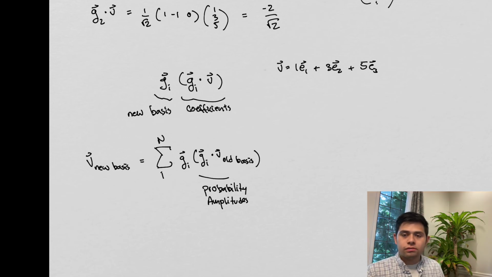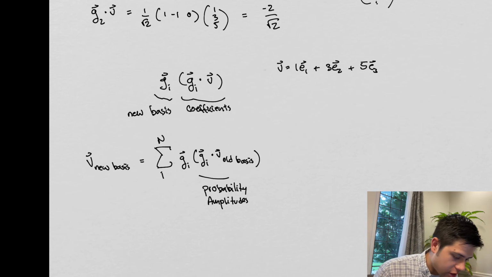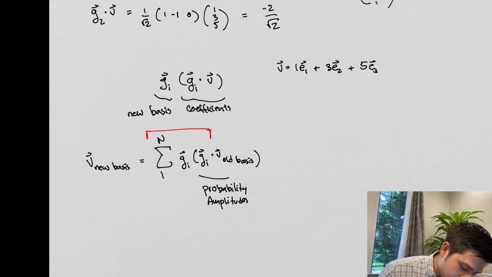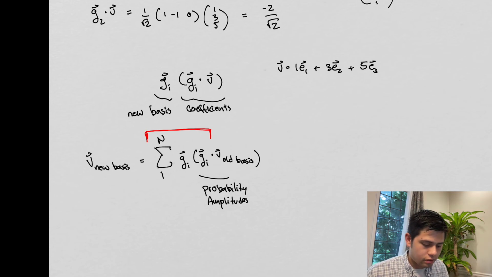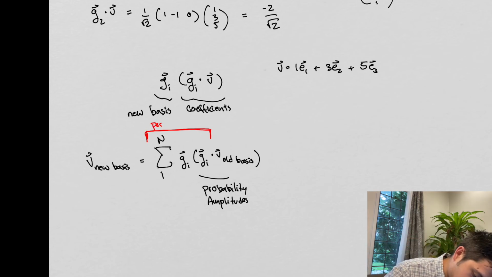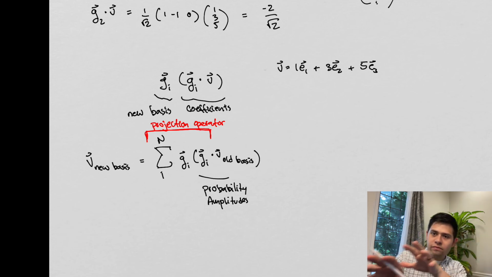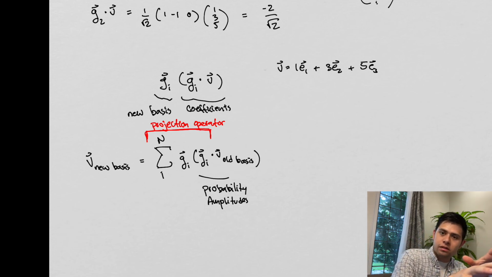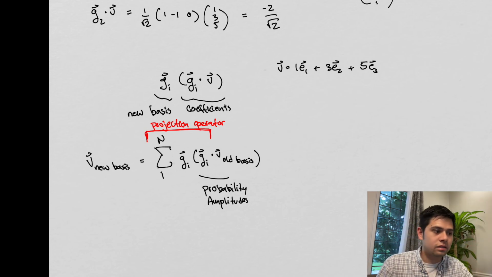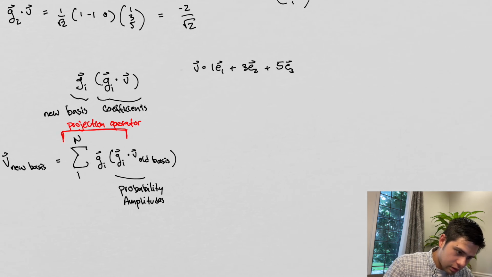This is really the projection operator. The projection operator is actually right here. The projection operator is something that projects a vector being described by one basis to a different basis. It's the same vector, it's just projected onto a different basis. And you can do this for different basis states. In quantum mechanics, we're just rewriting a few things.